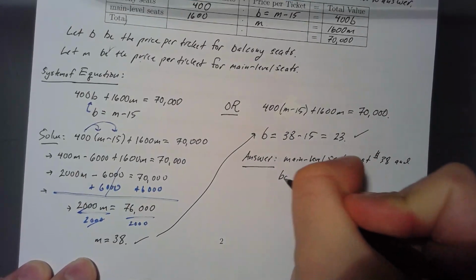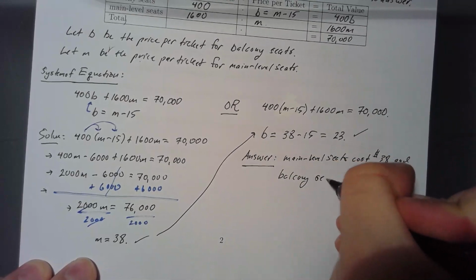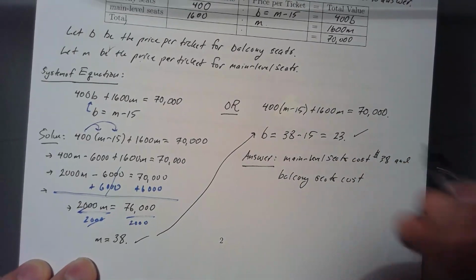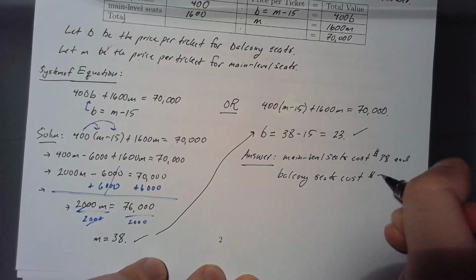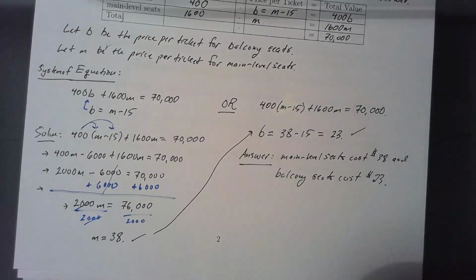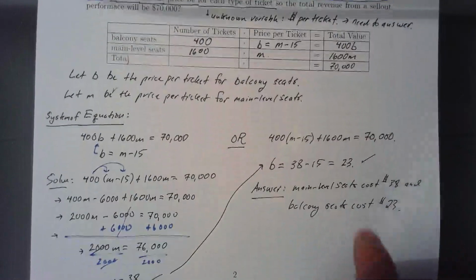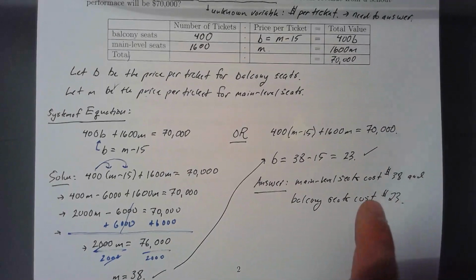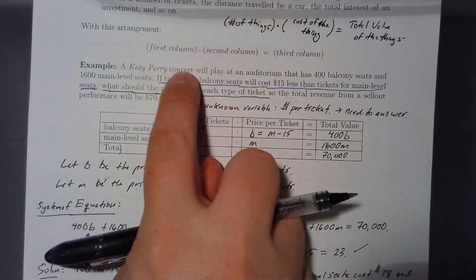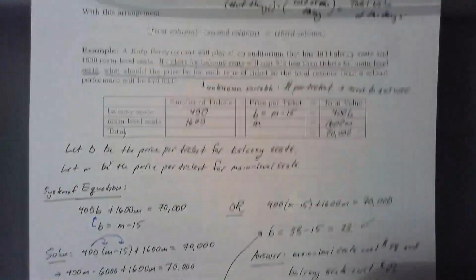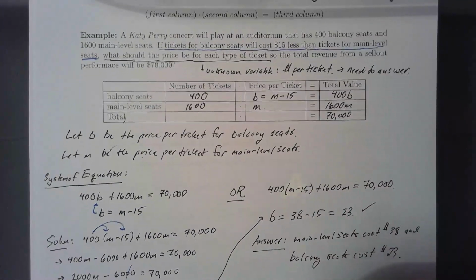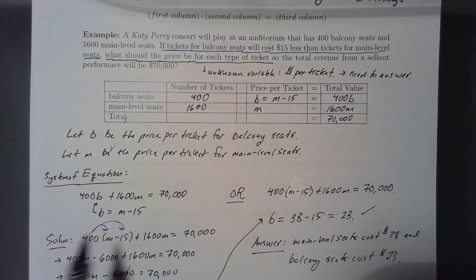And balcony seats cost $23. And that's it. Main level seats should be charged $38 and balcony seats should be $23 if I want to sell out this theater to get $70,000 in revenue when you have 2,000 seats.